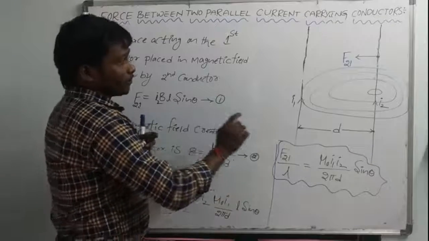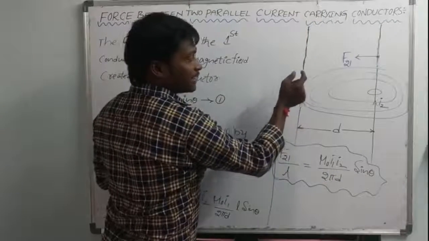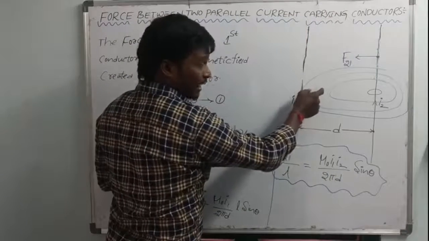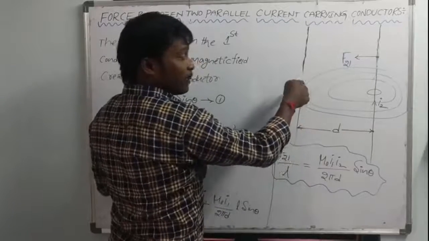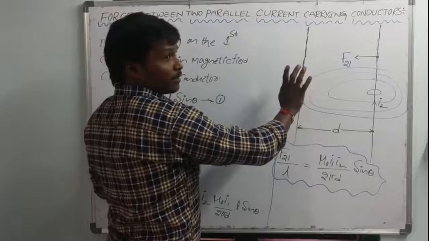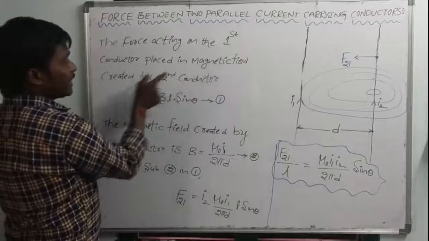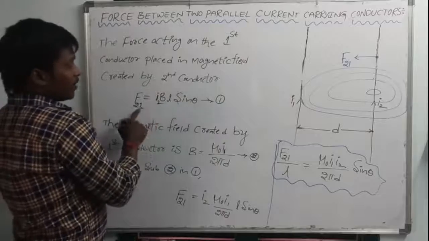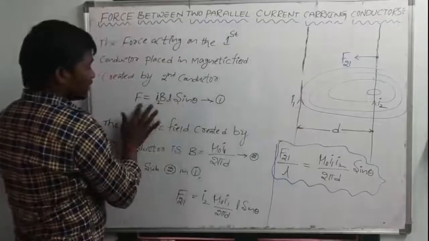So whenever this current carrying conductor is placed in the magnetic field region of this second conductor, some force will act on this first conductor. So the force acting on the first conductor placed in the magnetic field created by the second conductor, here F12.